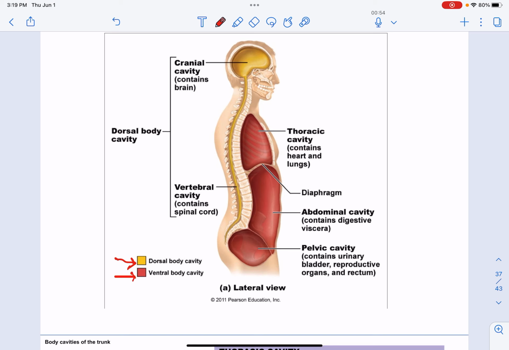The dorsal body cavity contains the cranial cavity, which houses our brain, and the vertebral cavity, which houses the spinal cord. These cavities are surrounded by bone.